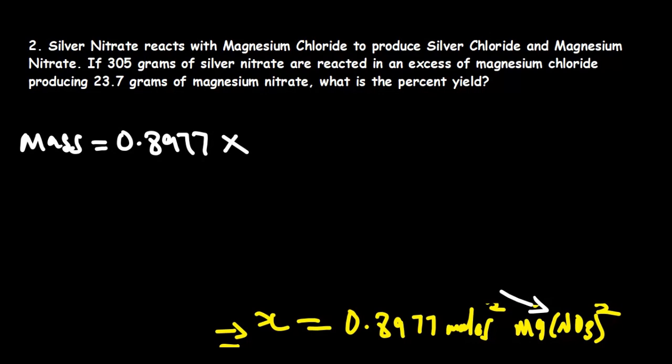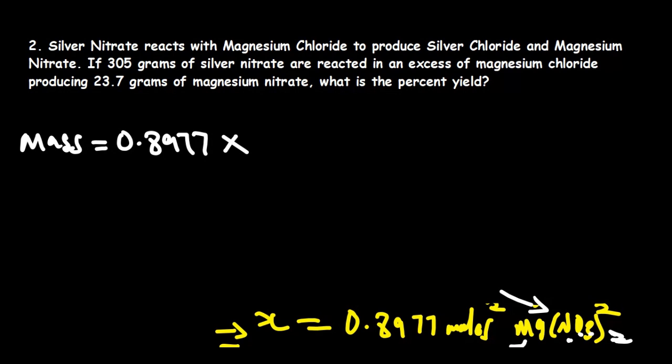So we add the molar mass of magnesium plus, since we have a 2 there, the molar mass of nitrogen multiplied by 2, and then the molar mass of oxygen multiplied by 3 multiplied by 2. So what are we going to get when we multiply that mass?